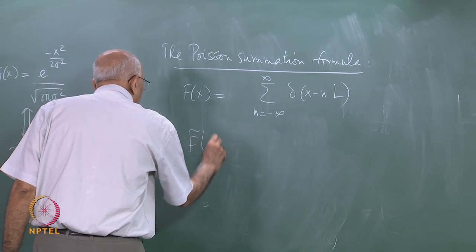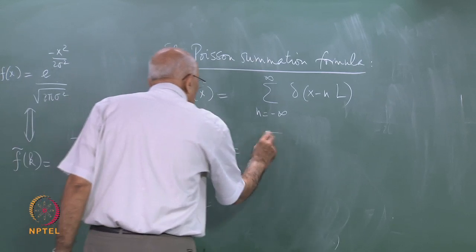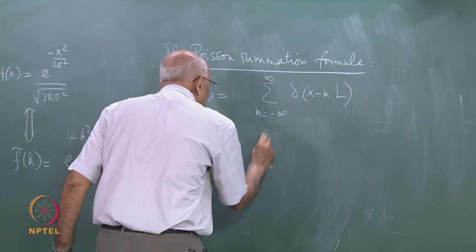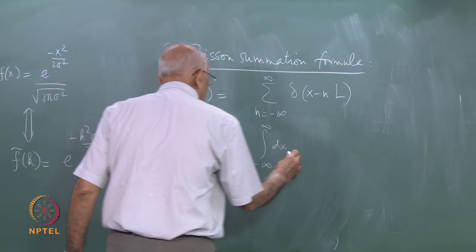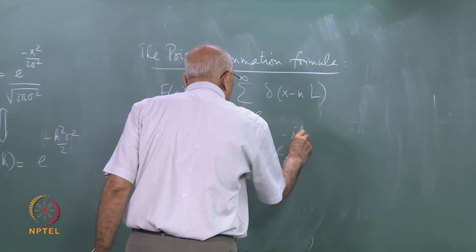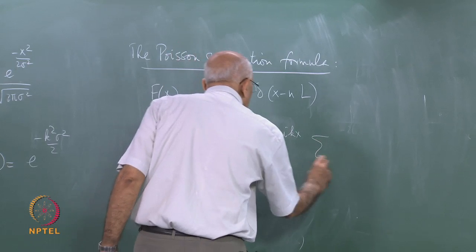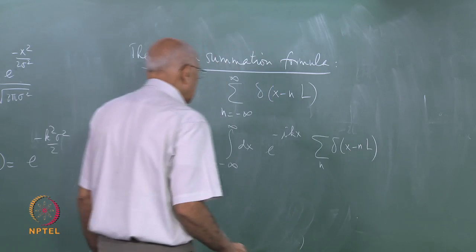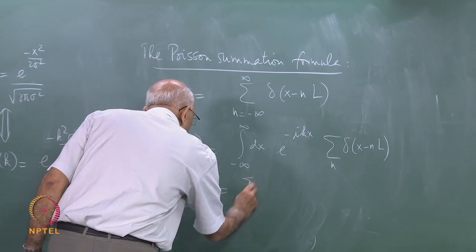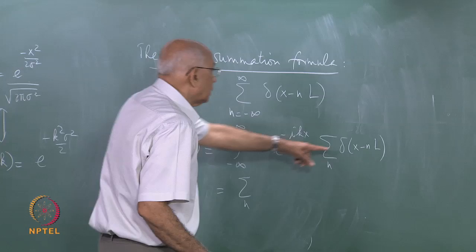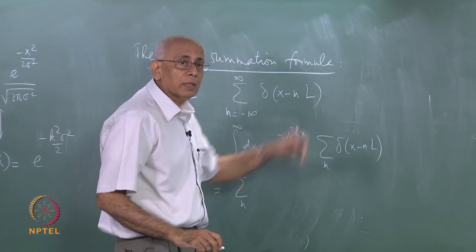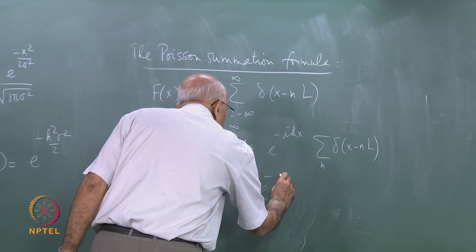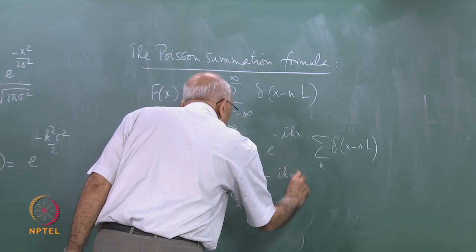F tilde of k is equal to an integral from minus infinity to infinity dx e to the minus i k x times the summation over n delta of x minus nL, and this is equal to a summation over n, and I pick up the contribution from the delta functions everywhere. So it is equal to e to the minus i k n L.